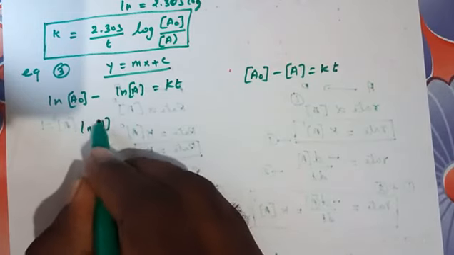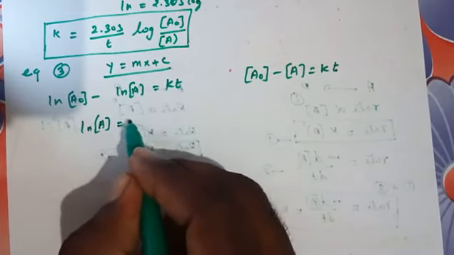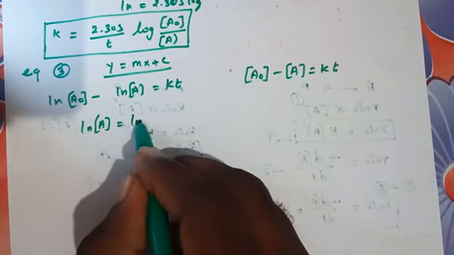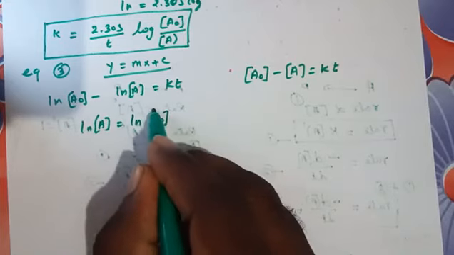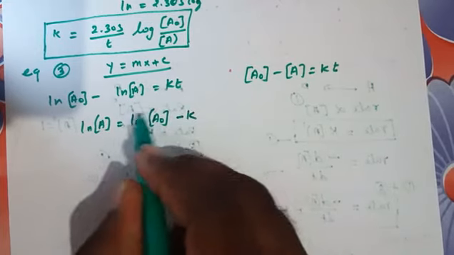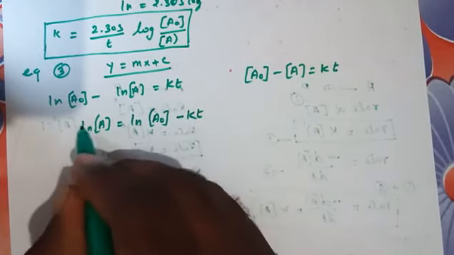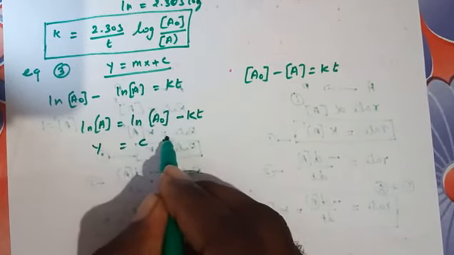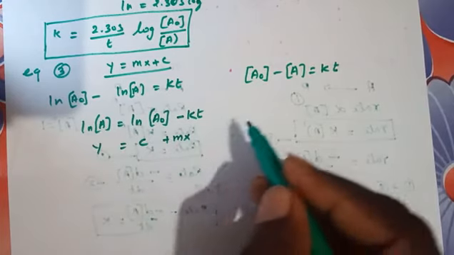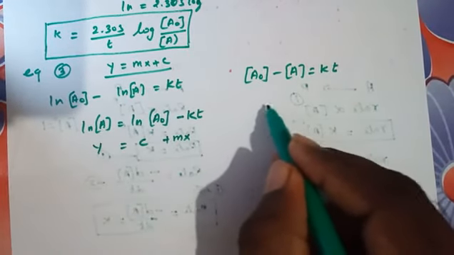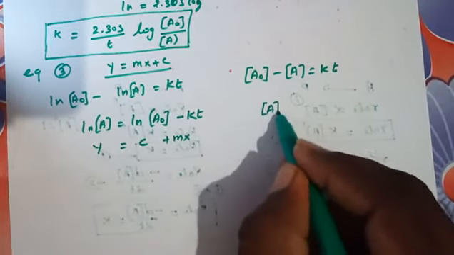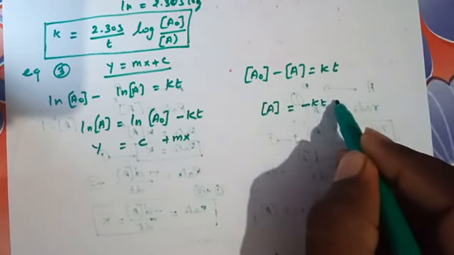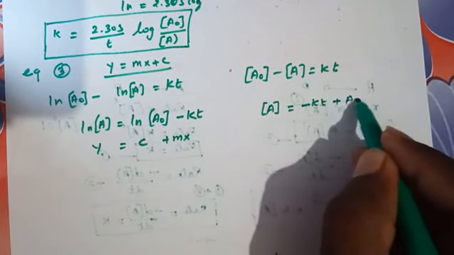ln A is equal to ln A naught concentration minus Kt, or y is equal to c plus mx. In the same way, here A concentration is equal to minus Kt plus A naught concentration.